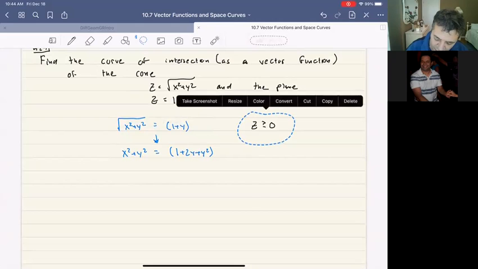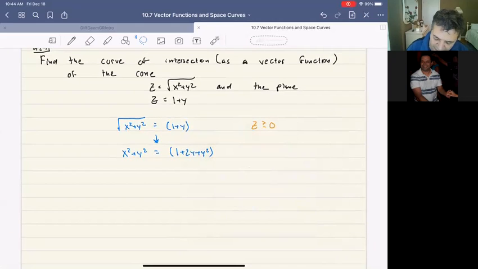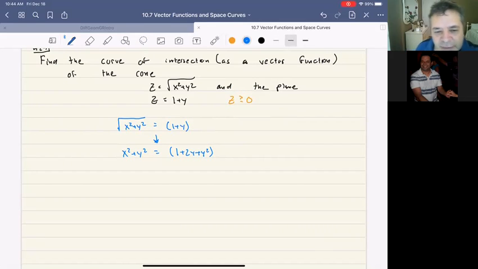I'm going to make this in orange because it's not really work, but it follows from that. Solving this, we get x squared equals 1 plus 2y, or y equals x squared over 2 minus 1/2.